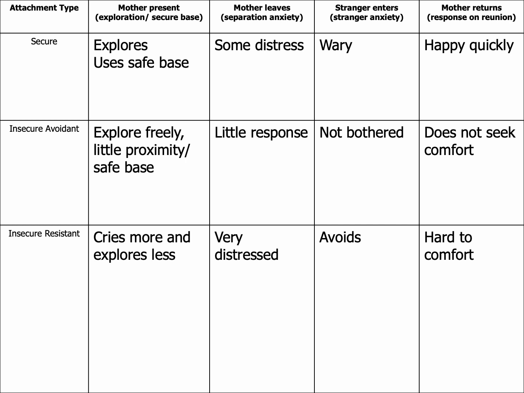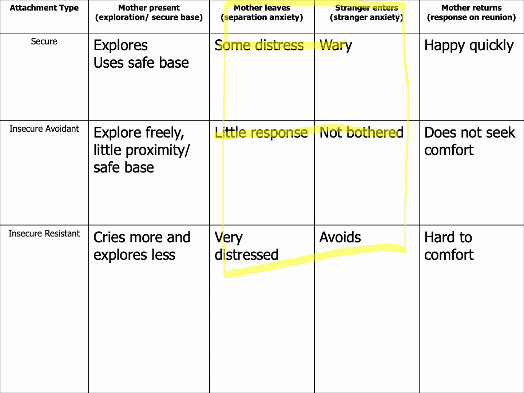Okay, so here you have a summary of the different attachment types. The main thing you will see is if we look at these 2 columns, separation and stranger anxiety: secure will show distress and be wary of strangers. Insecure avoidant will have little response to separation anxiety and stranger anxiety.